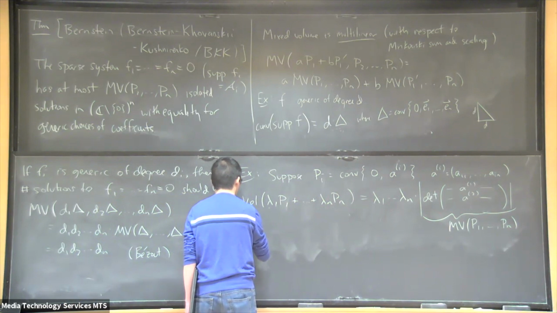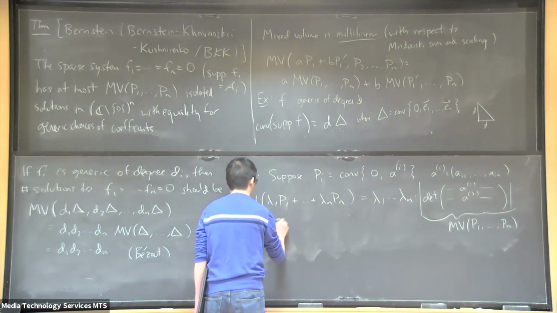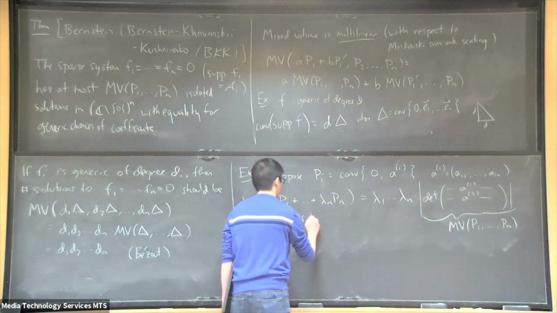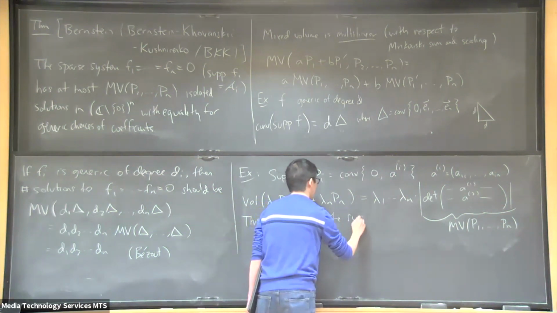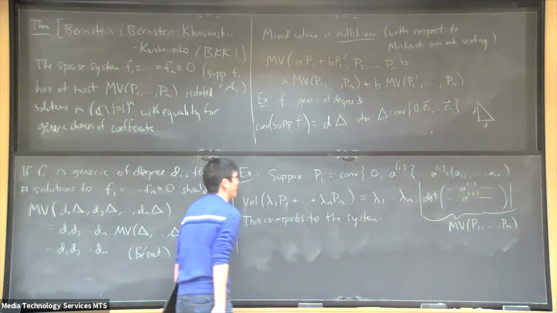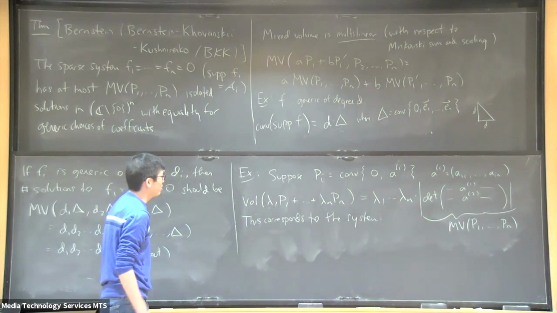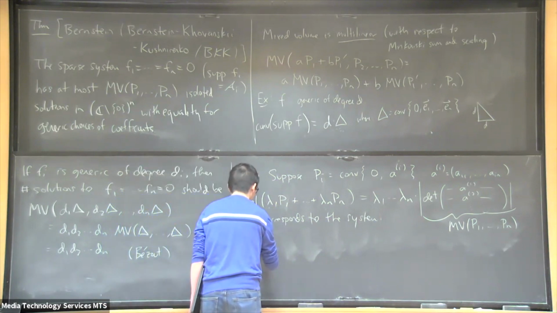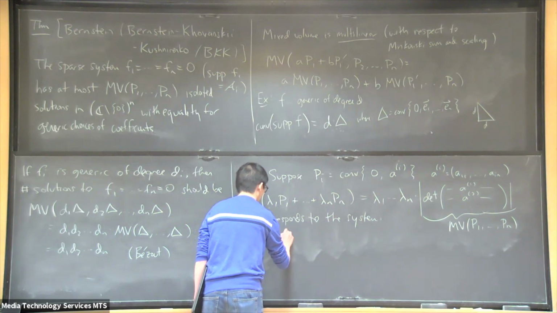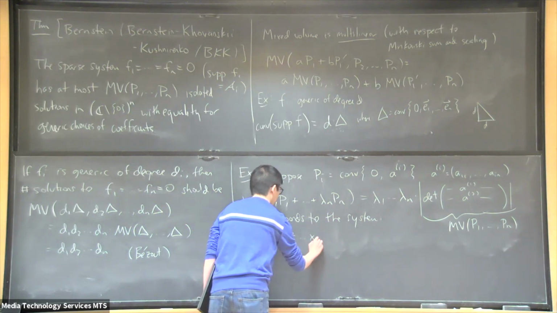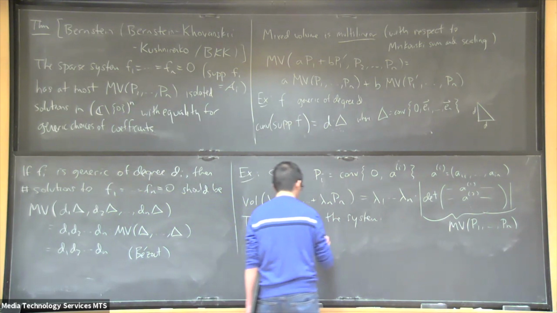So in other words, this corresponds to a system that looks something like this. My first equation is going to look something like x1 to the a11, x2 to the a12, and so on.